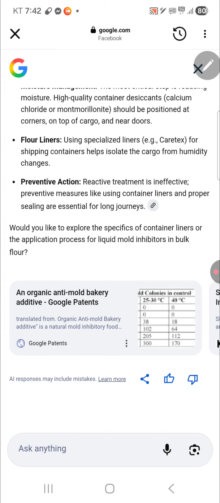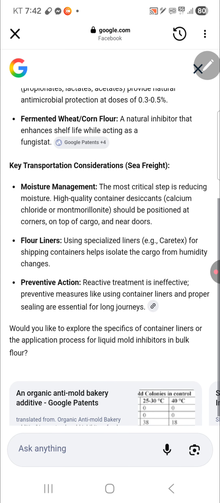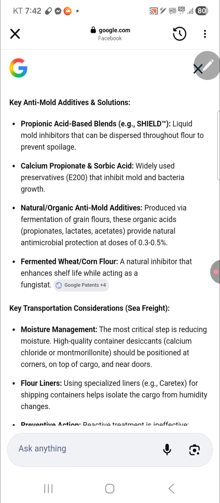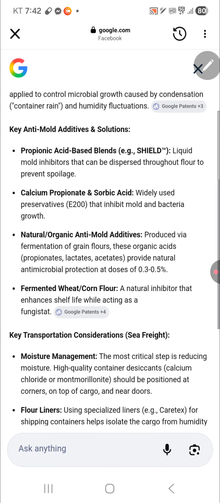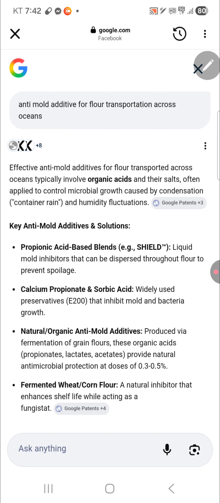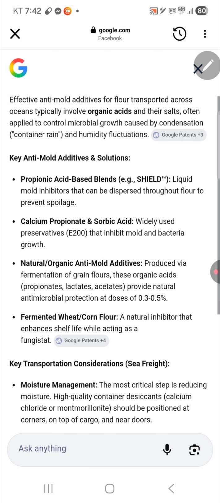Preventive measures like using container liners and proper sealing are essential for long journeys. Preventive action, flour liners, moisture management, fermented wheat and corn flour, natural organic anti-mold additives, calcium propionate and sorbic acid, propionic acid-based blends, for example, Shield.